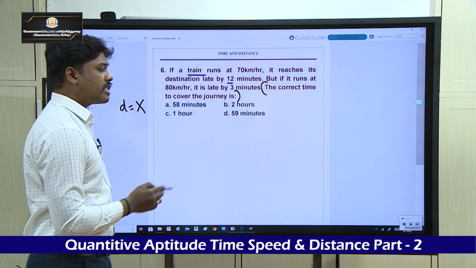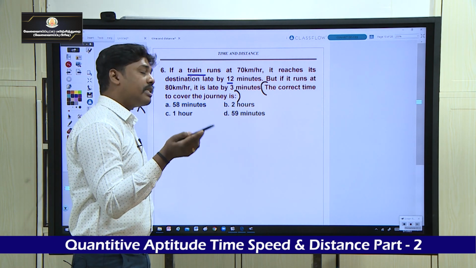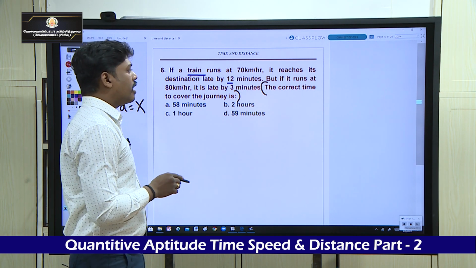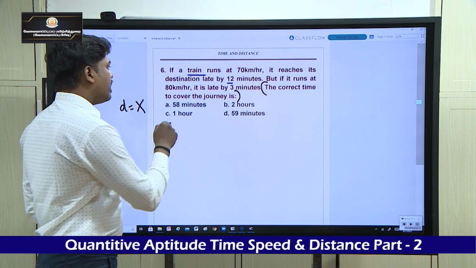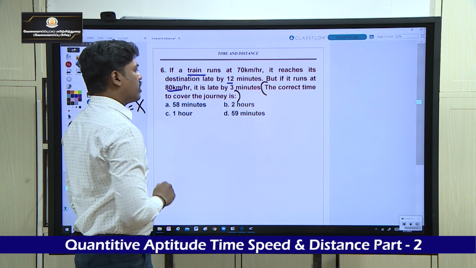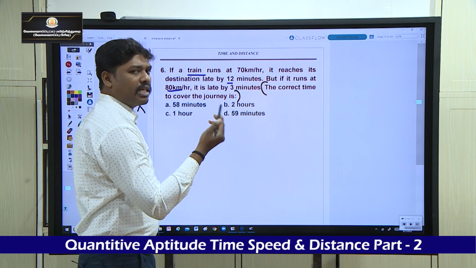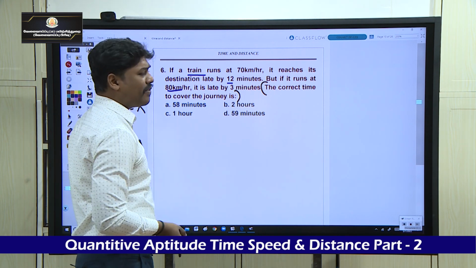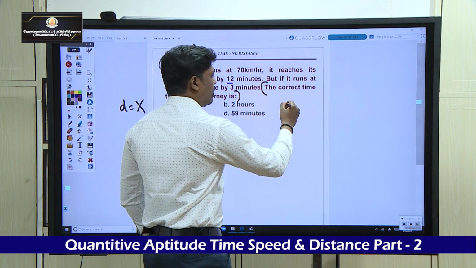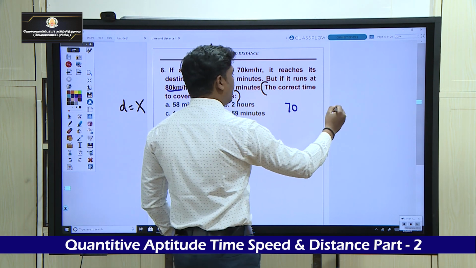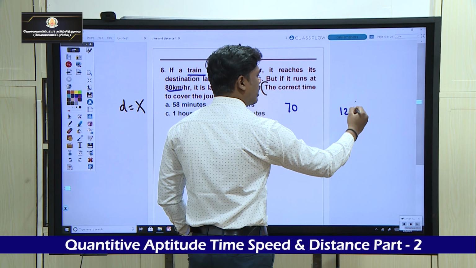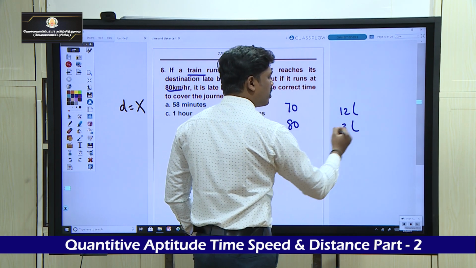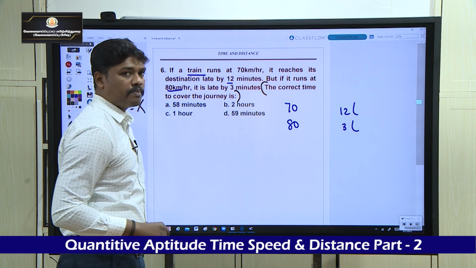If it is running at 70 km per hour, it reaches the destination 12 minutes late. But if it runs at 80 km per hour, it is late only by 3 minutes. So what is the correct time to cover the journey? If it is running at 70, it is 12 minutes late. If it is running at 80, it is 3 minutes late. What is the correct time?